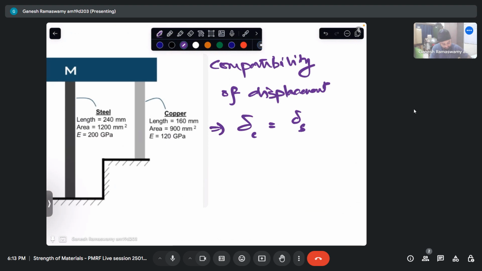So this is my compatibility condition. So I have got two conditions.